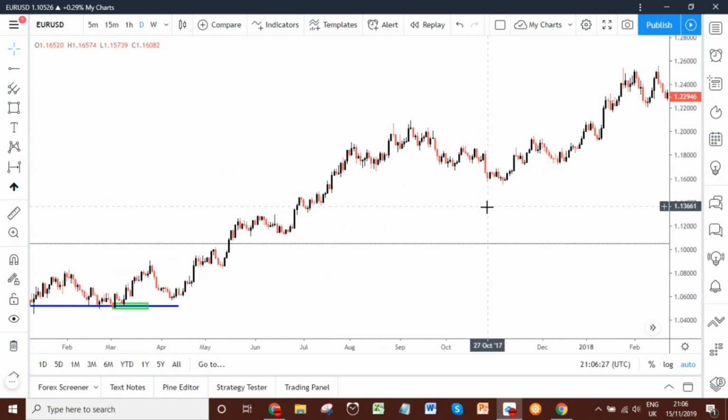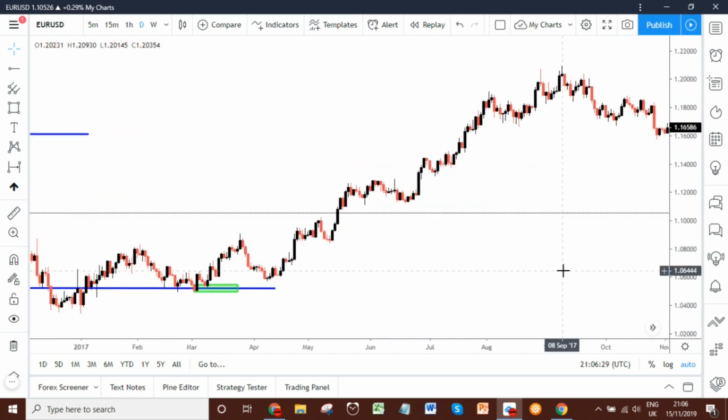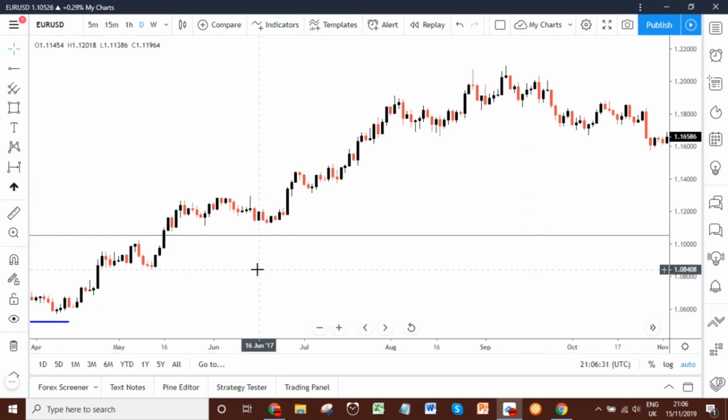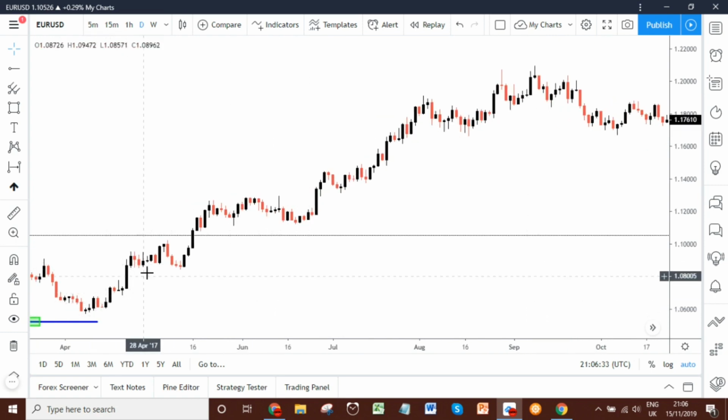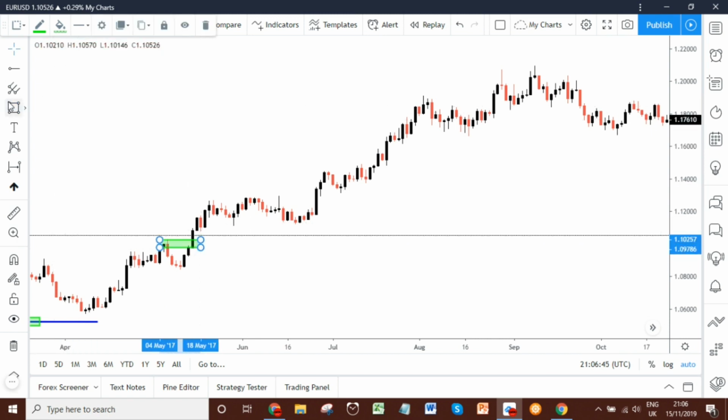So if we take a look at this whole run, there is literally 2 areas that we could possibly think the market could potentially turn there.